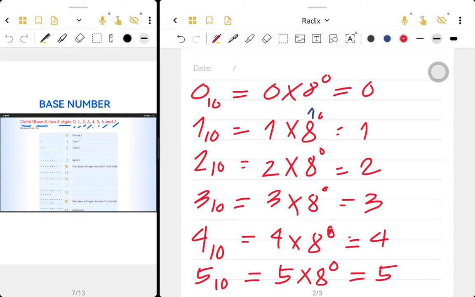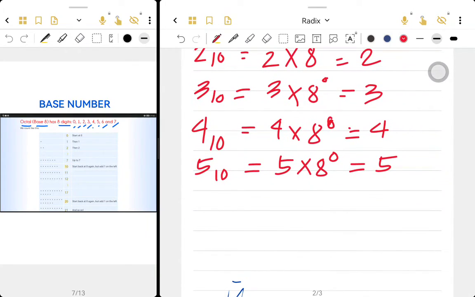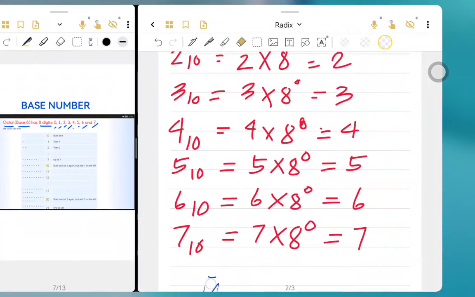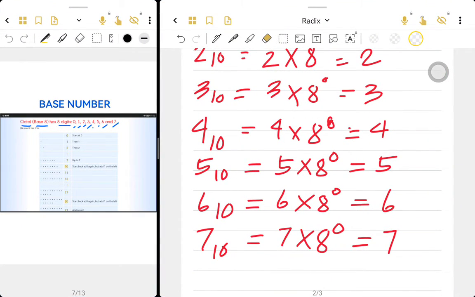Okay, that will be until 7, of course. 6 times 8 raised to the power of 0 is 6. 7 base 10, we have 7 times 8 raised to the power of 0, that is 7. So we are now finished until 7.